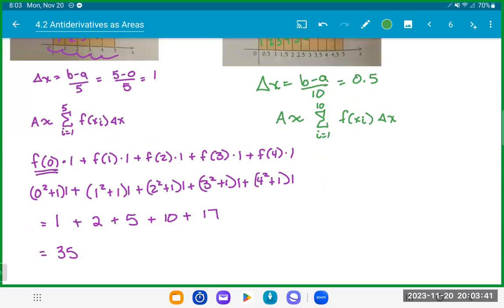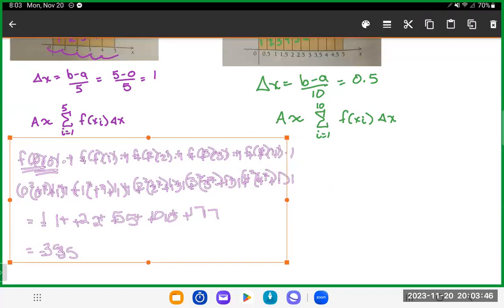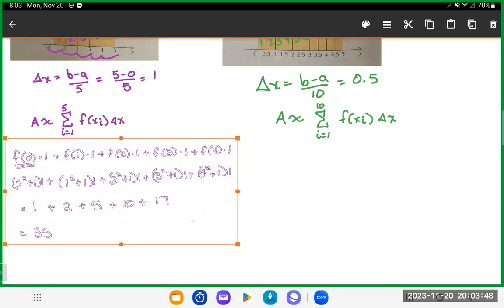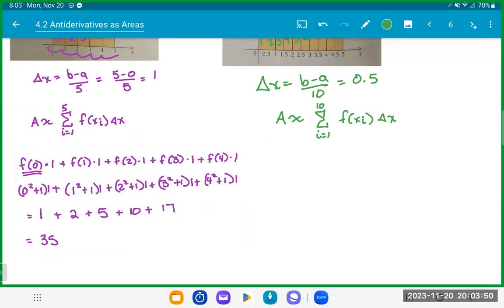So how do I do that one? Let me just make this a little bit smaller over here. And so for this one, that is going to be f of 0 times 0.5 plus f of 1 times 0.5 plus dot, dot, dot, all the way out to f of 9, not 9, sorry.